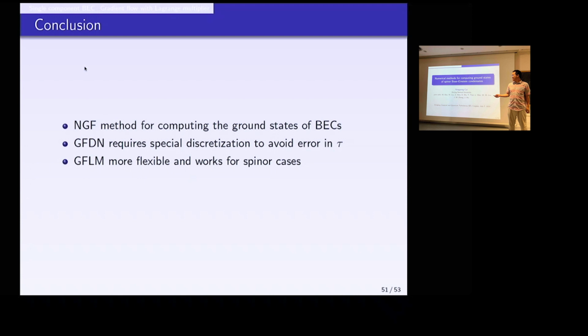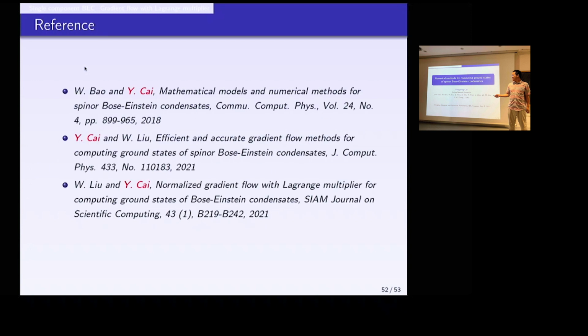And once we use this gradient flow plus some Lagrange multiplier, then the discretization can be more flexible, and also the extension for the spinor case can be very straightforward. Some of the materials can be found in the papers here.